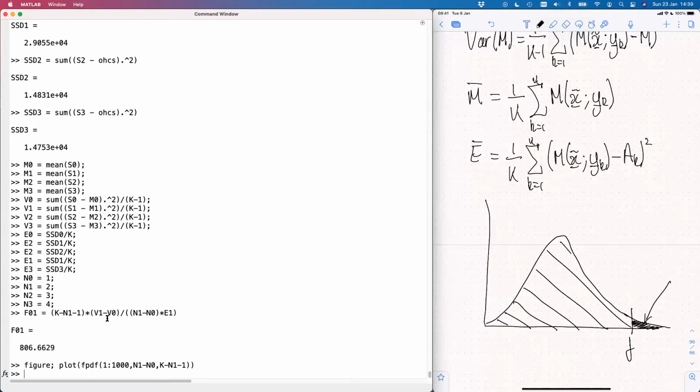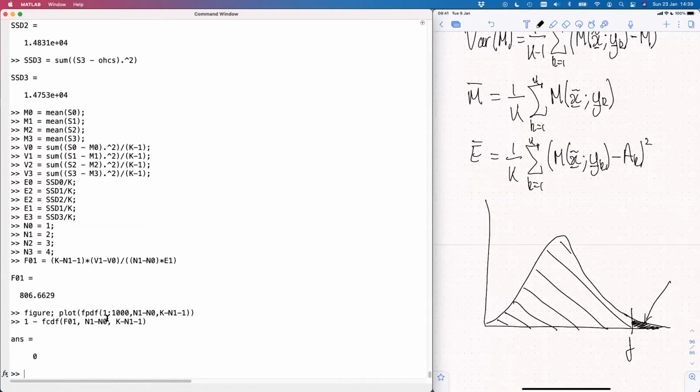So the p-value for this particular test is 1 minus FCDF. That's the cumulative distribution function, which is this integral evaluated at our F statistic F01 for the F distribution with degrees of freedom N1 minus N0 and K minus N1 minus 1.